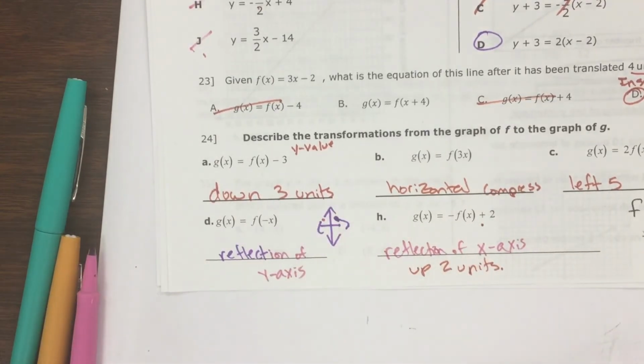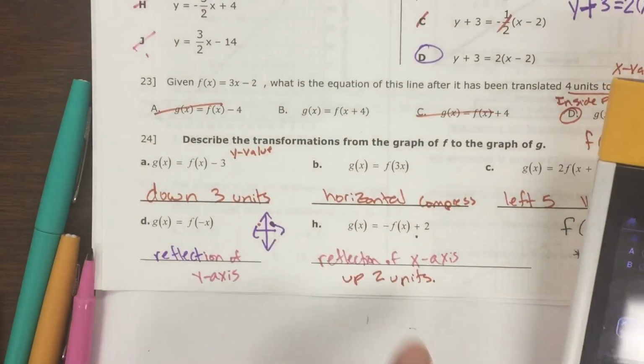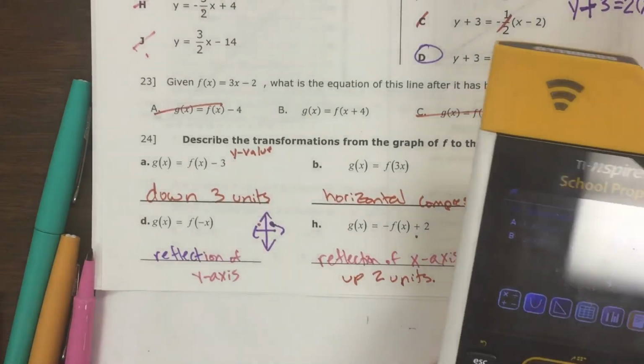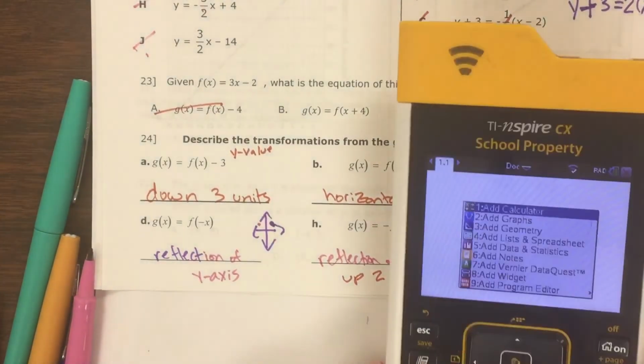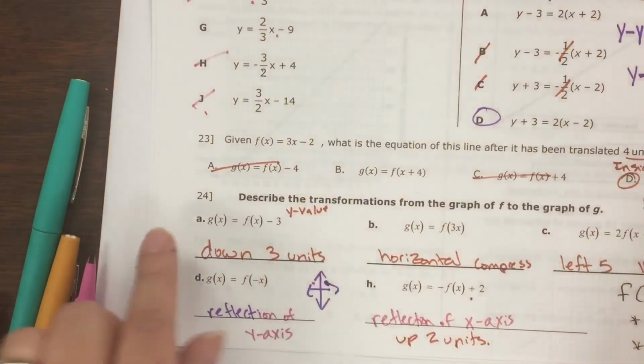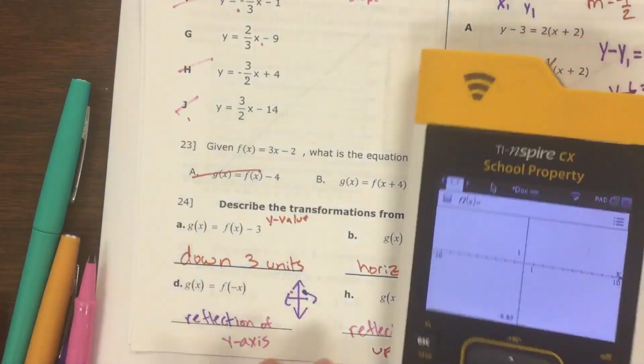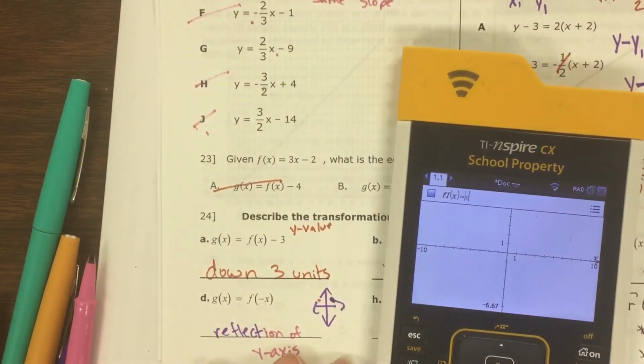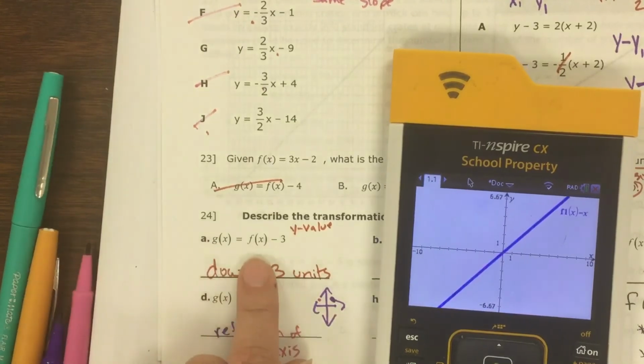Okay. If at any of these you would like to use your calculator, you can do that. So just kind of real quick, if I go to graphs, these are all going to be transforming the parent function, which is x. And I'll just go with question 1 here.